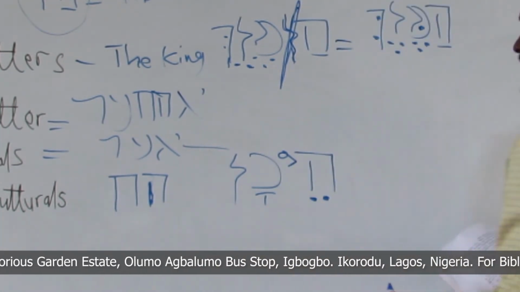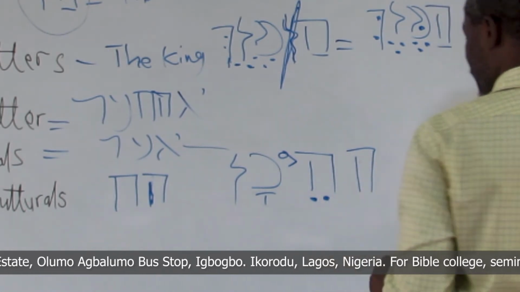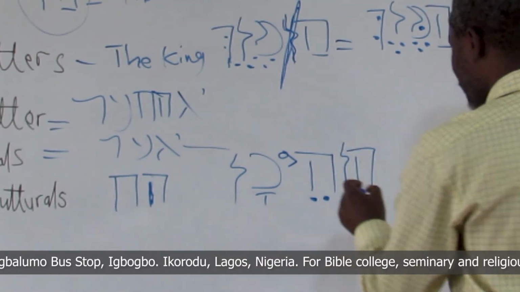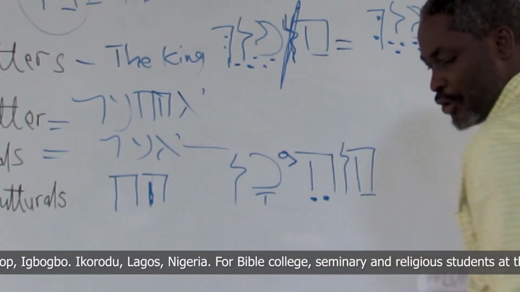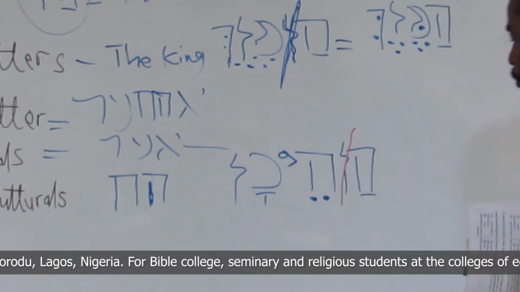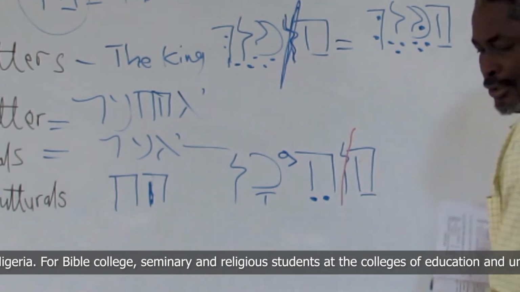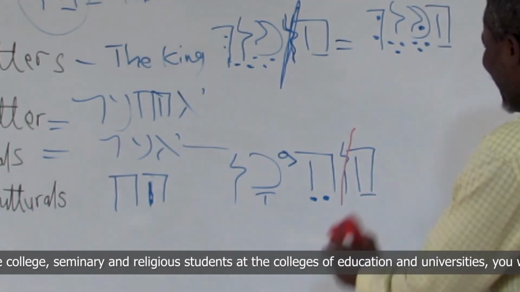To now say "the palace," you have first of all the lamed, but we said the lamed must drop. It drops. You need to put a dagesh forte here, but it is a guttural, which cannot admit it. And at the same time, you don't have to elongate it.